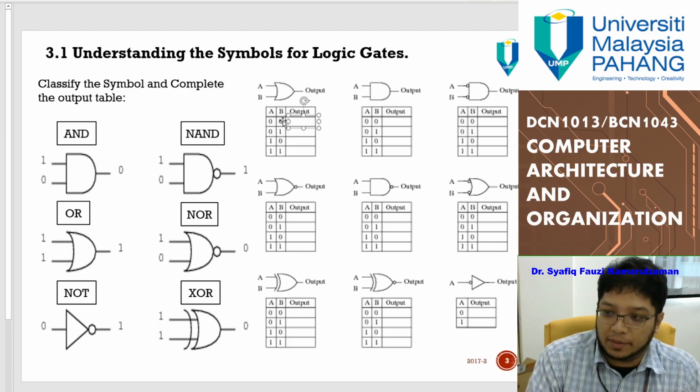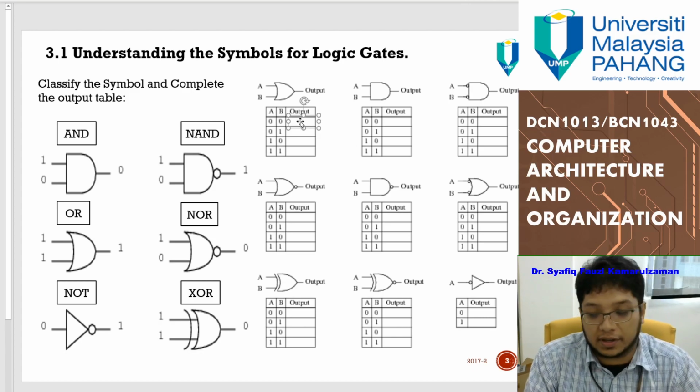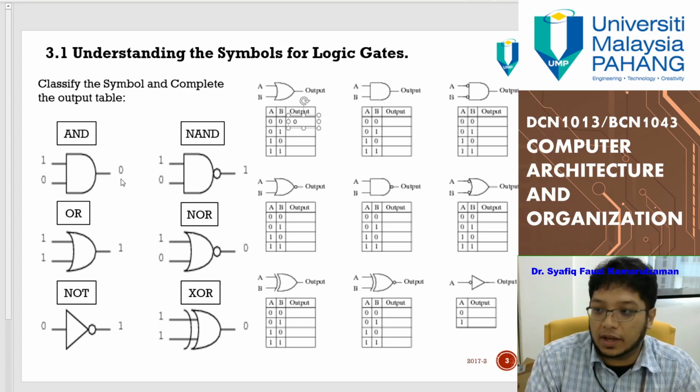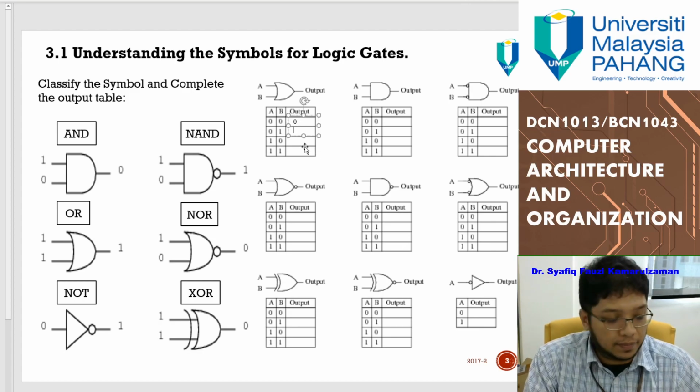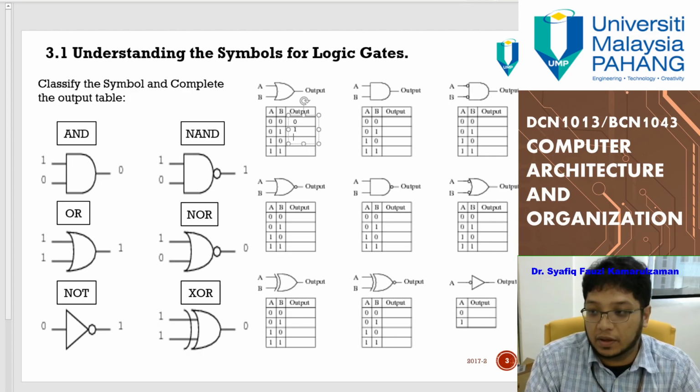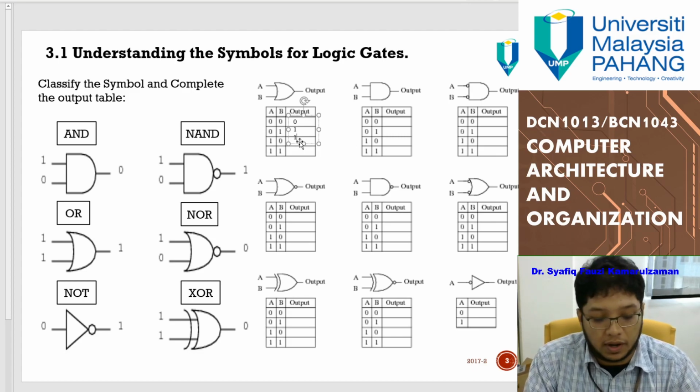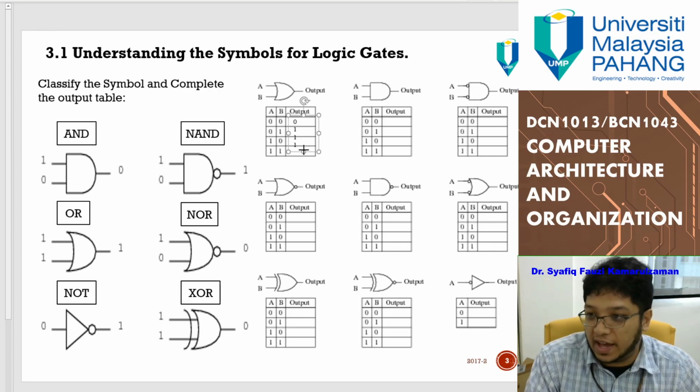So 0 plus 0 is basically 0. Then down here, 0 and 1 is 1, 1 plus 0 is 1, and 1 plus 1 is 1. So it's high. Everything is high.